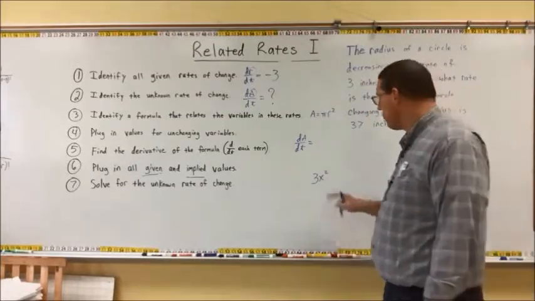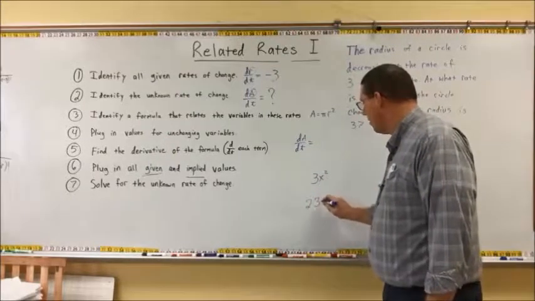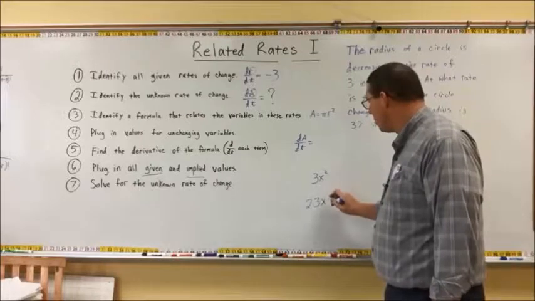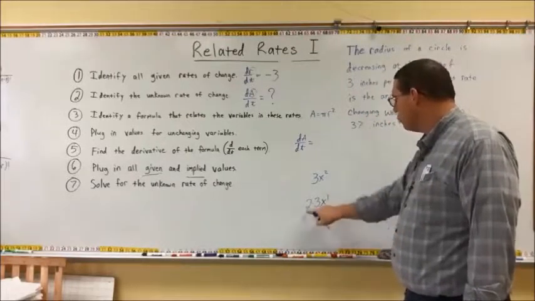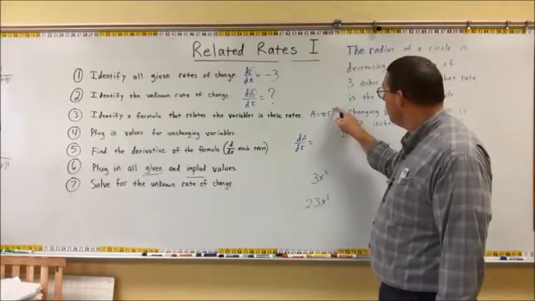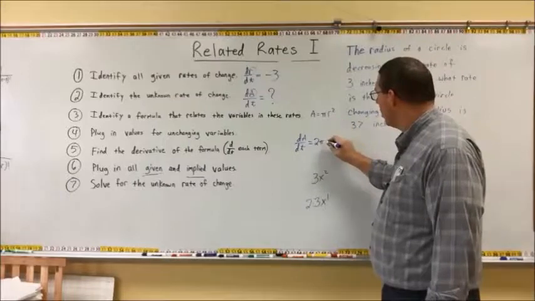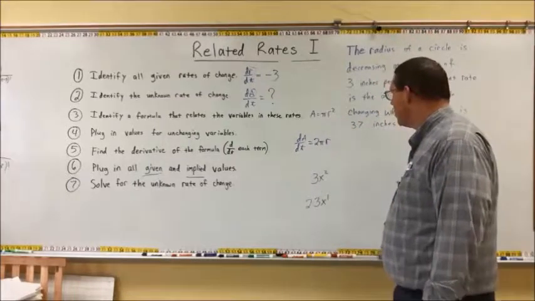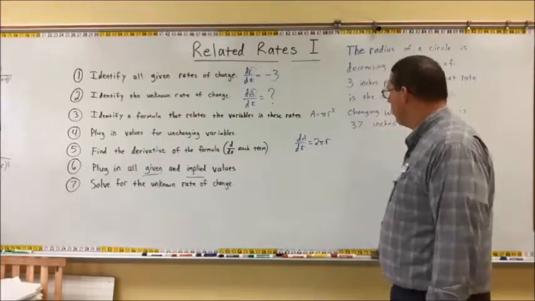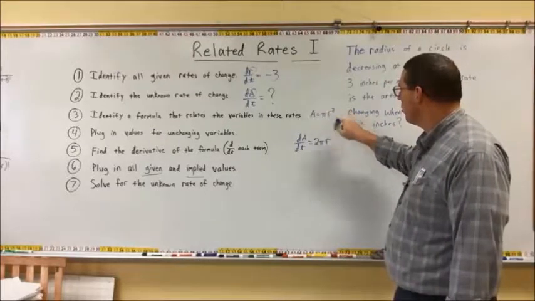Isn't it 2 times 3 times x, and then the power goes down to 1, right? So 2 times 3 times x to the first power. So this is going to be 2 times pi times r to the first power. So the derivative of pi r squared is 2 times pi times r to the first.